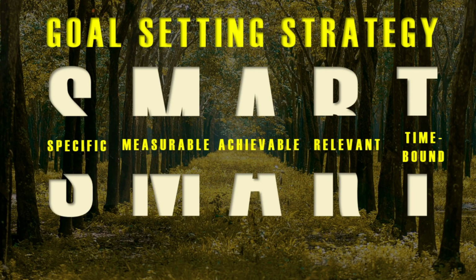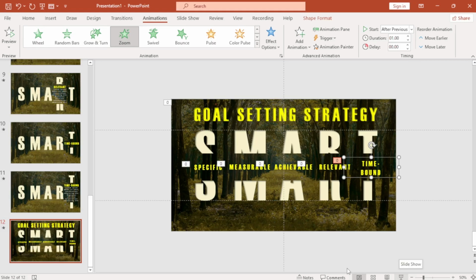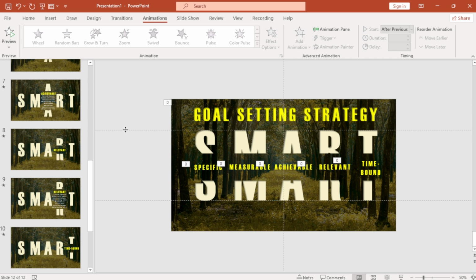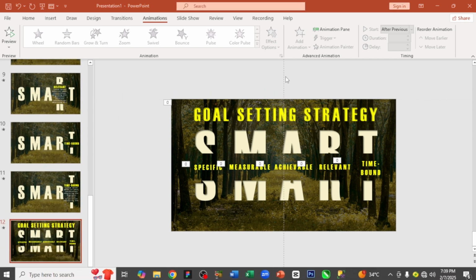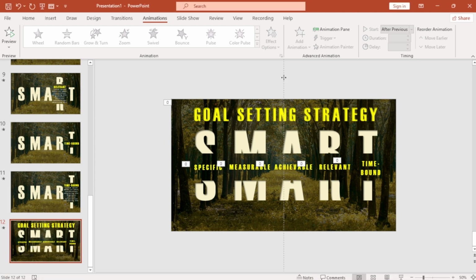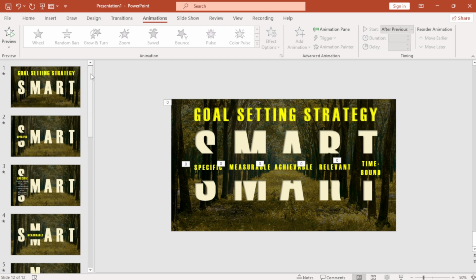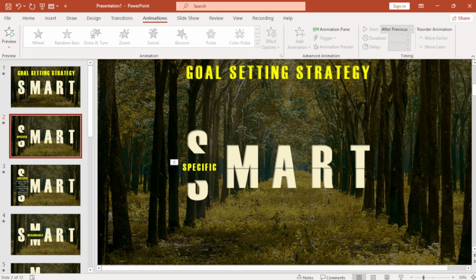Beautiful, beautiful, awesome, awesome. Now having done that, finally is to apply the morph transition. Let me remove this SmartArt, remove this at the same time. Let me remove this as well. Awesome. Now finally, the next we do is apply a morph transition to give us a very seamless and powerful transition.